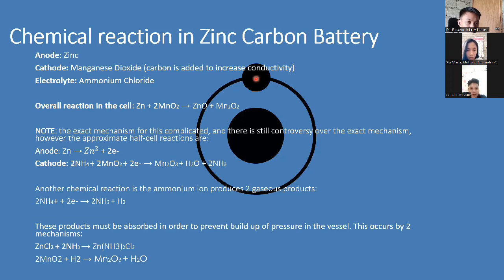The overall reaction in the cell is zinc plus 2 manganese dioxide. Note: the exact mechanism is complicated and there is still controversy over it. However, the approximate half-cell reactions are zinc to zinc squared plus 2 electrons.